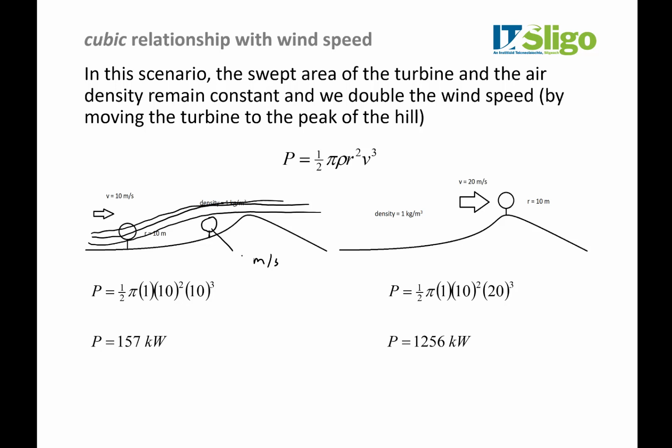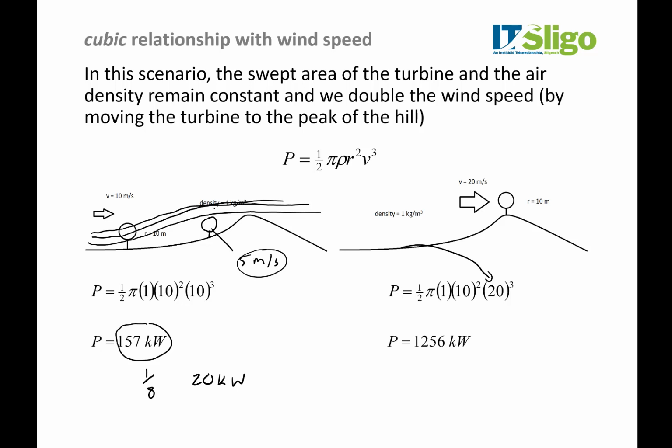That's meant to be a 5 there, not a 6. In this case, if you feed 0.5 in there, you'll find you only get 1/8 of this amount, which is about 20 kilowatts.